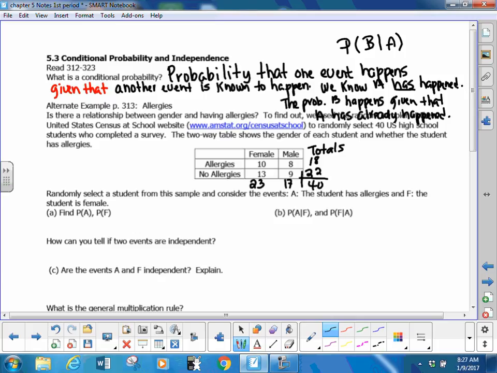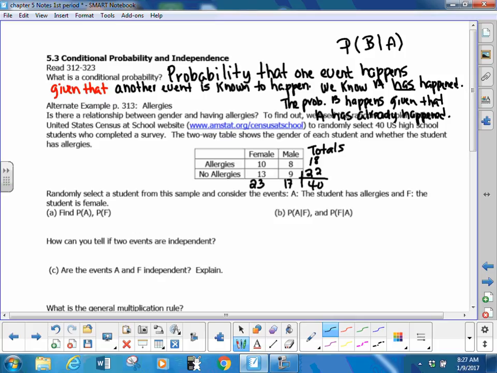And you can't common sense these, there's no way to tell until you crunch the numbers. You can't say, oh, that doesn't make sense or whatever. There's not really an intuitive way to do this. You just gotta crunch the numbers. To find out, we used the random sampler, the census at school website, and randomly selected 40 students. And there's our two-way table.